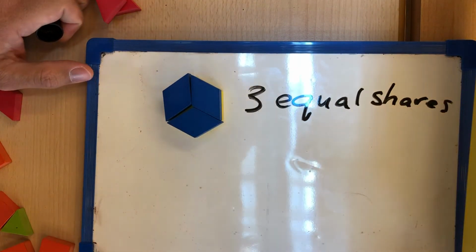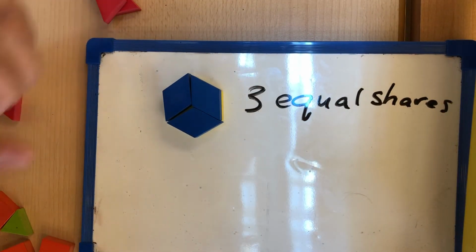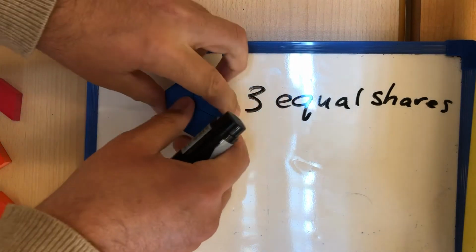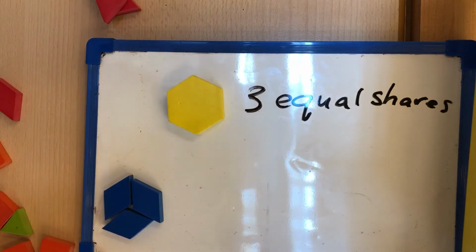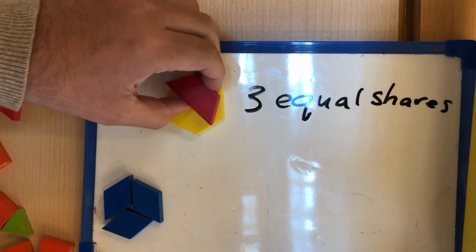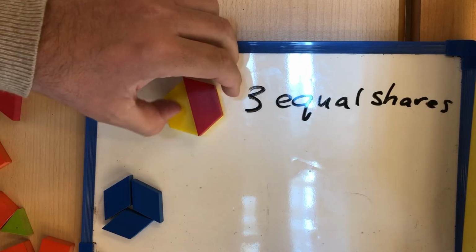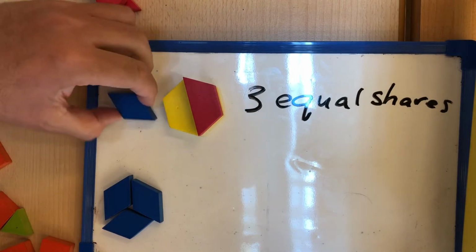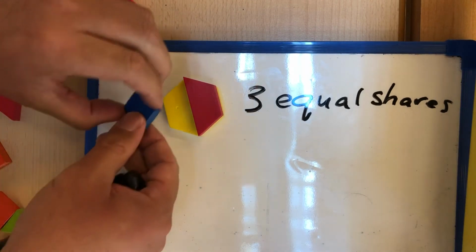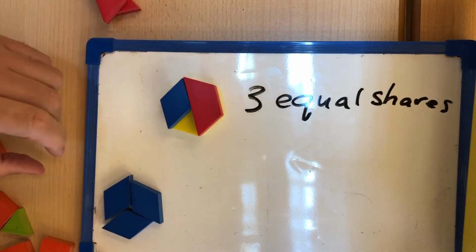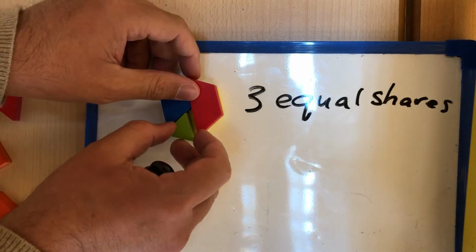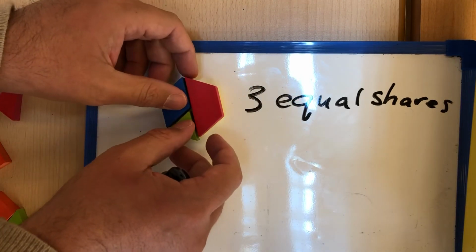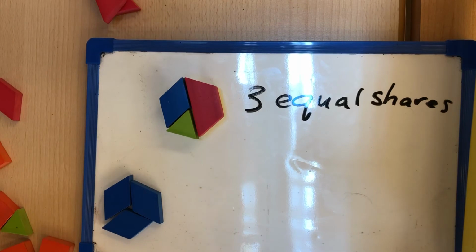Okay, 3 equal shares. For example, I think somebody had said we could take the trapezoid and we could take a rhombus and we could take a triangle and we could divide this up into 3 pieces, but they would not be equal.